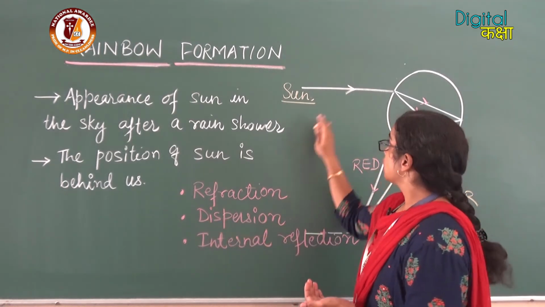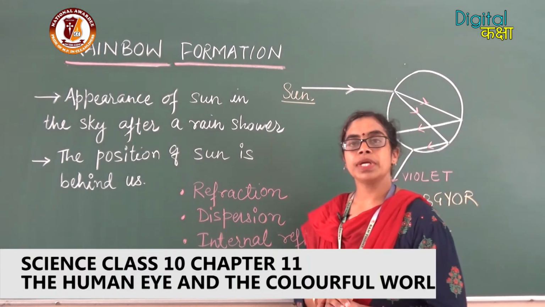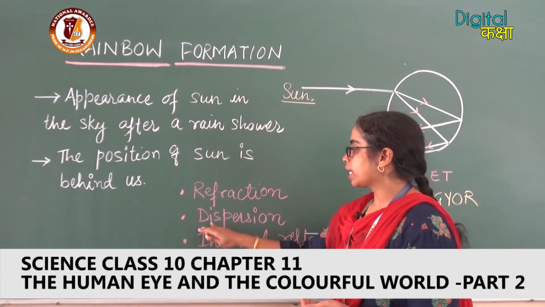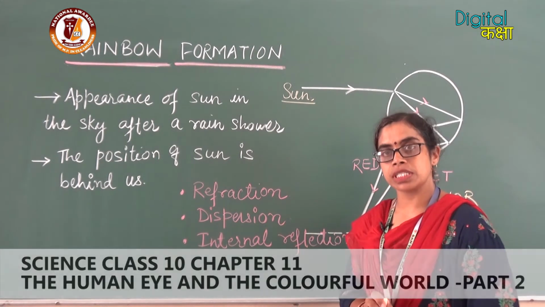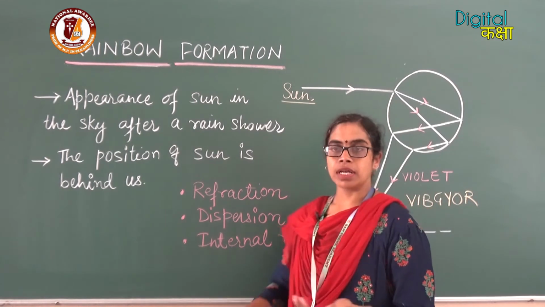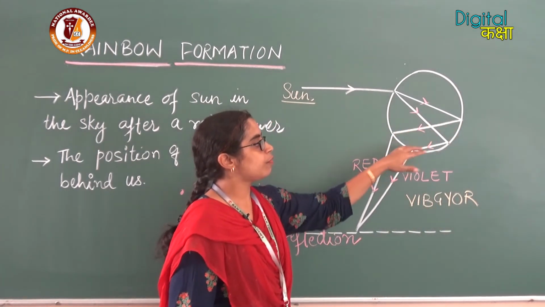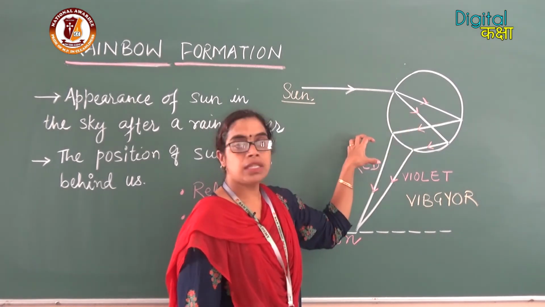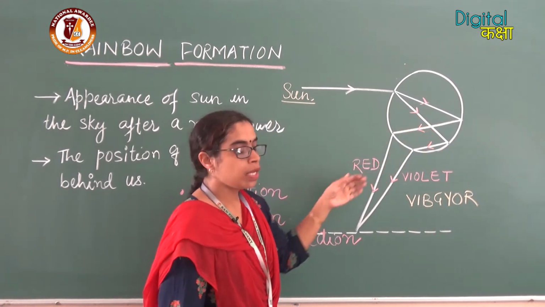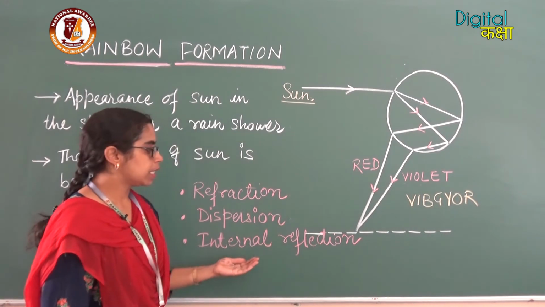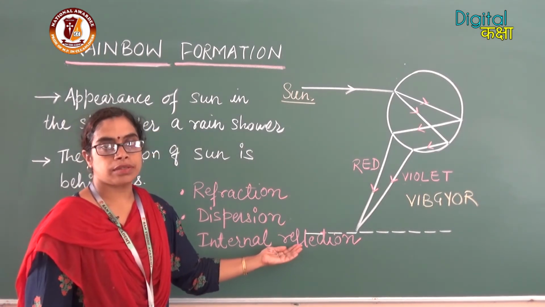The second is that the sunlight is split up into the 7 colors, so the second phenomenon is dispersion. And the third one: from this refracting surface the colors are reflected within the drop, so that phenomenon is internal reflection.